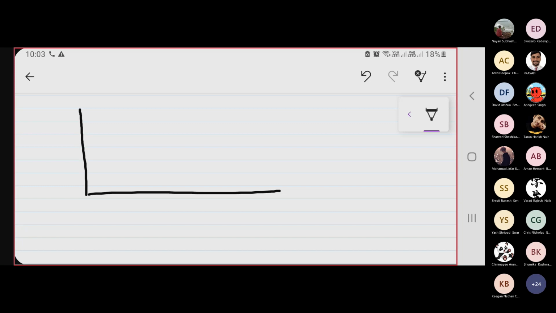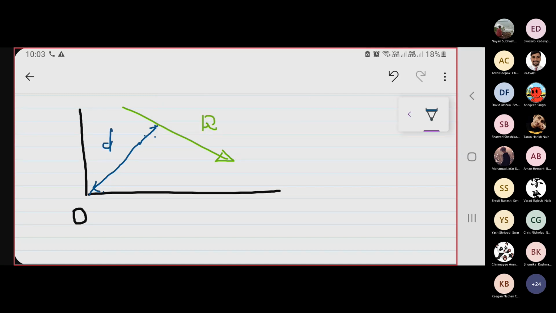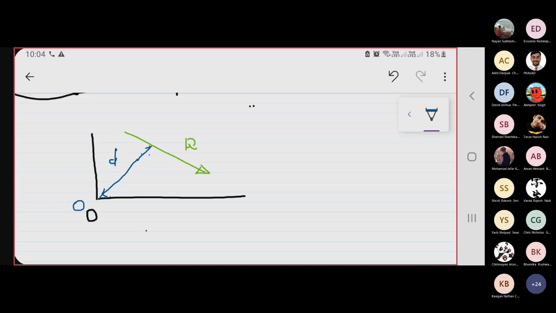Just consider these two axes, and consider one point O. Let R be the force whose distance is B from point O. Now we can take a moment.